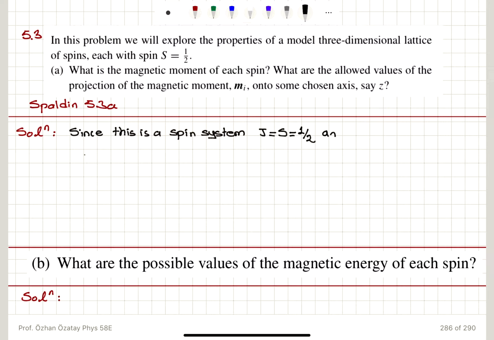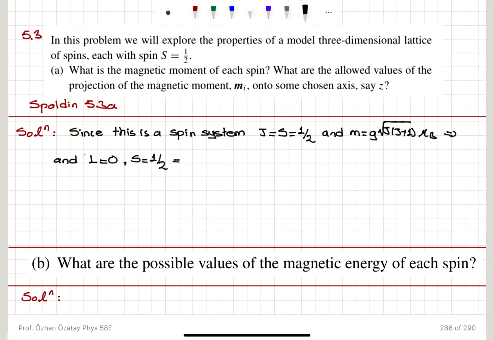And the magnitude of the magnetic moment vector is given by lambda factor G square root J plus 1 Bohr magneton. So we have no orbital angular momentum contribution. Capital L is equal to 0 and capital S is equal to 1/2 spin angular momentum quantum number.